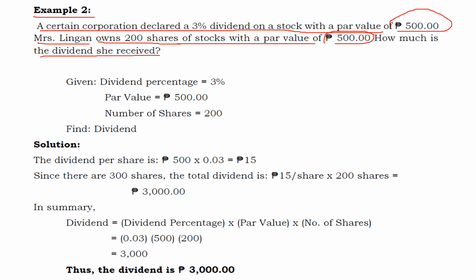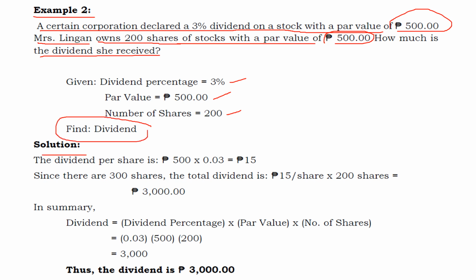Our main goal now is to find the value of the dividend that Mrs. Lingan received. First thing to do is to list down all the given values. The dividend percentage is 3%, the par value is 500 pesos, the number of shares is 200, and we are asked to find the dividend.